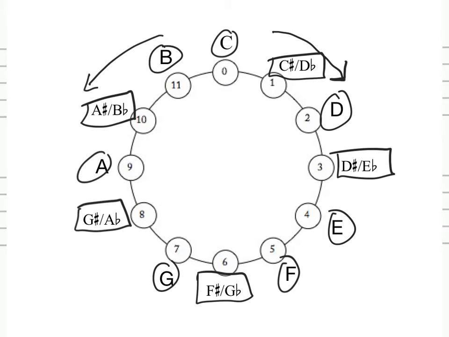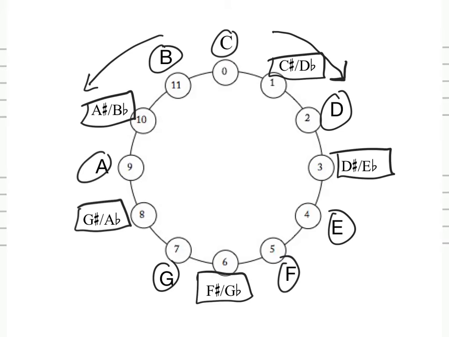So C to C sharp, C sharp to D, D to D sharp, etc. If we do that 12 times, we're back on the pitch that we started, but an octave higher. If we go counterclockwise and down, then I've strung together 12 half steps, and now we're back to the C, but an octave lower.